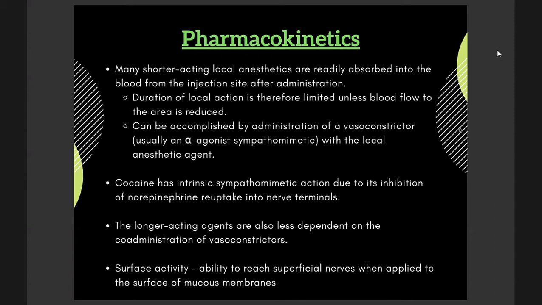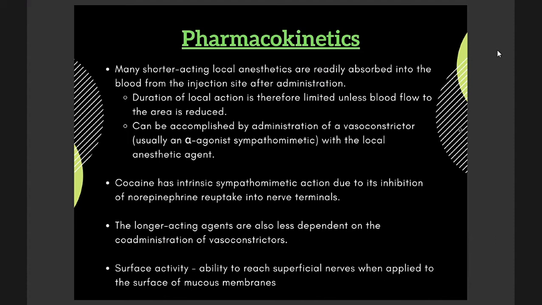So decreased absorption can be accomplished by administration of a vasoconstrictor, usually an alpha agonist sympathomimetic, like for example, ephedrine or epinephrine. Local anesthetic can be administered with a vasoconstrictor, usually epinephrine.